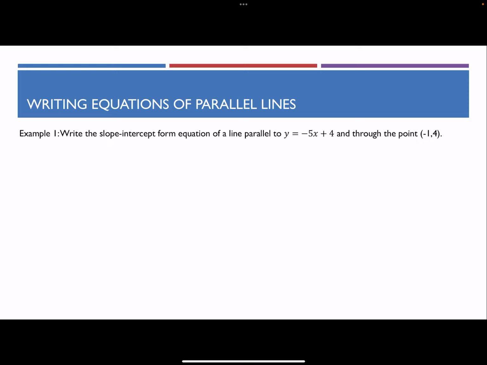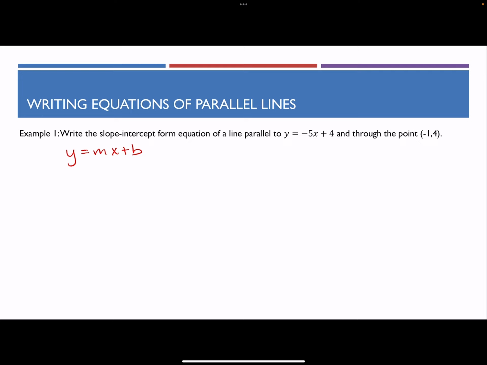When I write an equation, I can either plug directly into y equals mx plus b slope-intercept form, or I can use point slope form and then solve for y. I'm going to plug directly into y equals mx plus b. I need the equation of a line parallel to this.